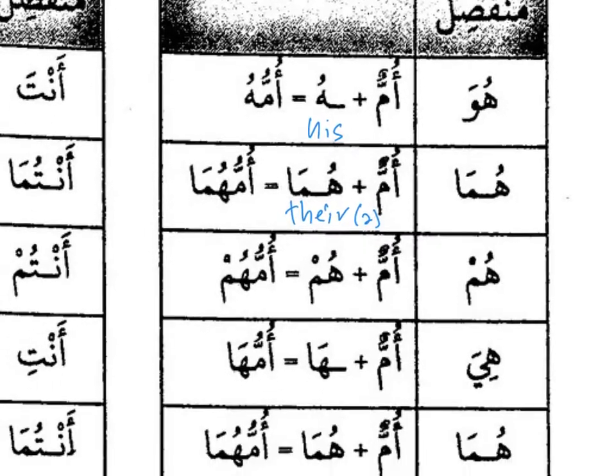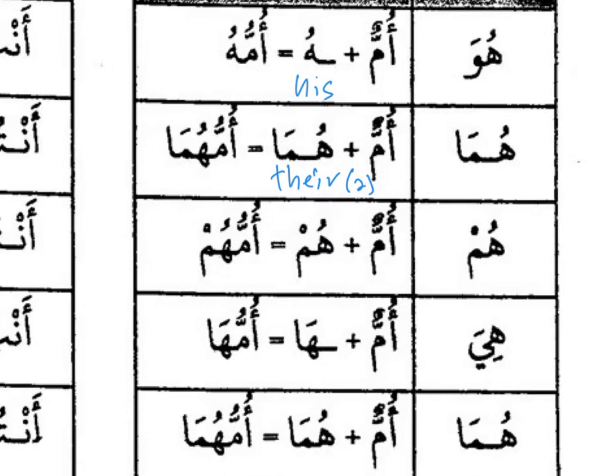Okay, next one is hum, which means they, and this is of course they for three and above. Now you want to say their mother. So what is the word? The word is also hum, but the difference is that the first hum is they, the second hum is their. And again, since this is damir muttasil, then you have to combine the two words.